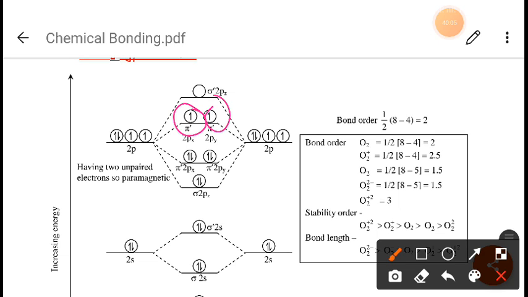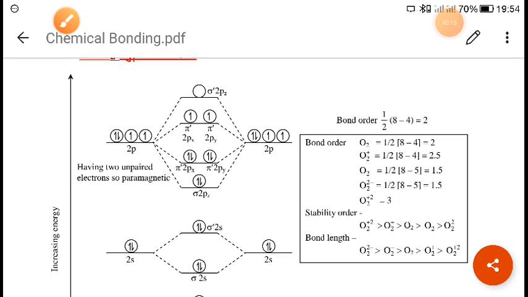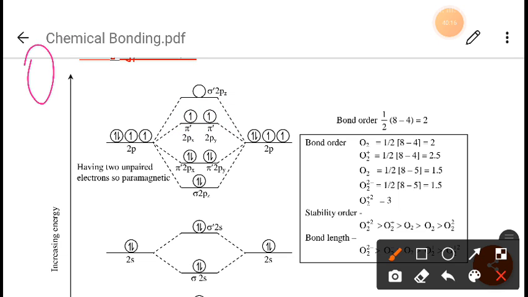So when we see the orbital electronic configuration of O2 molecule, it can be written as follows. First is KK, a closed K shell representing sigma 1s square and sigma star 1s square, right?